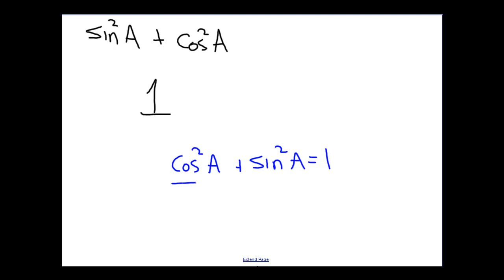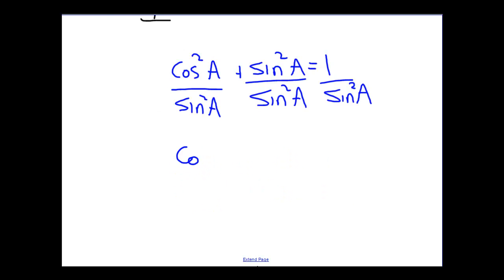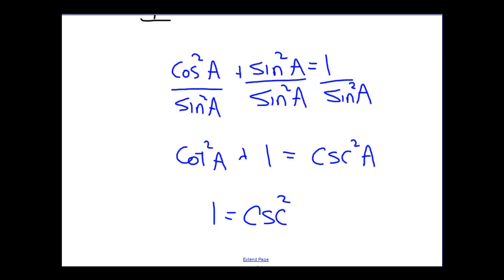To do that, I'm going to divide everything by sine squared. When I do this, I end up with cotangent squared of A plus 1 is equal to the cosecant squared of A, or 1 is equal to the cosecant squared of A minus the cotangent squared of A.